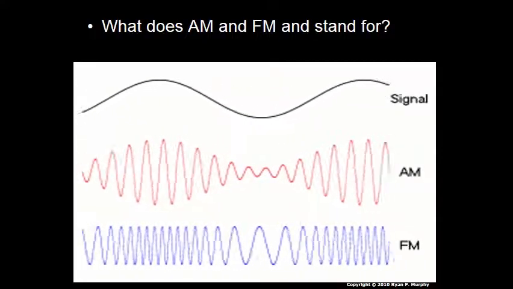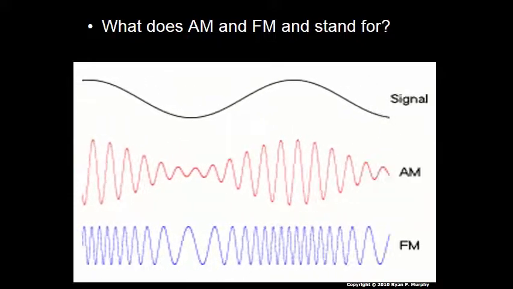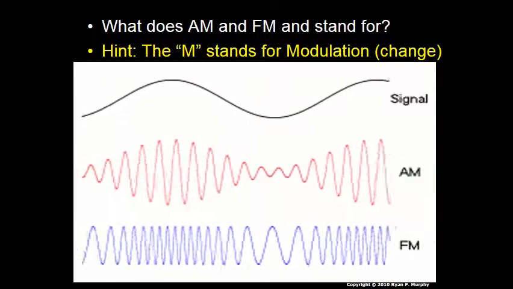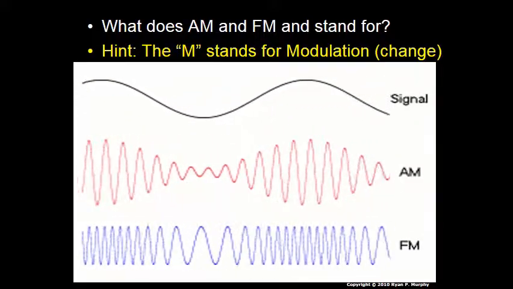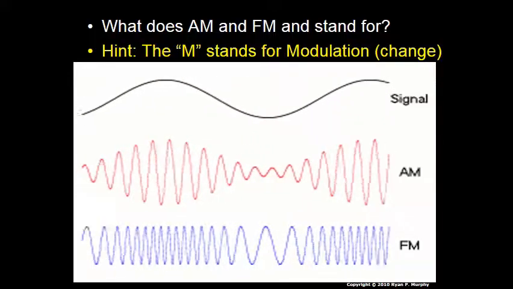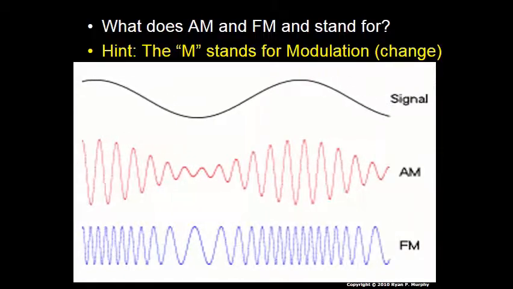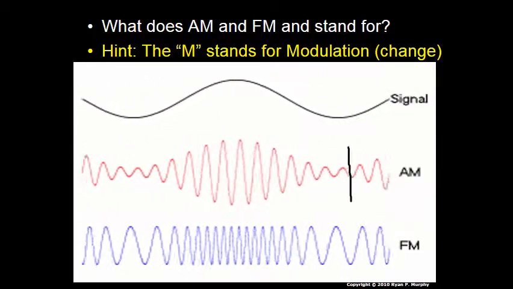Now, what does AM and FM stand for? Well, let's take a look at this. First of all, I'll give you a little hint here. The M stands for modulation, and modulation means to change something. So here's a question for you. On the AM wave here, what is changing? Well, it looks to me like they are changing the wave in this direction.